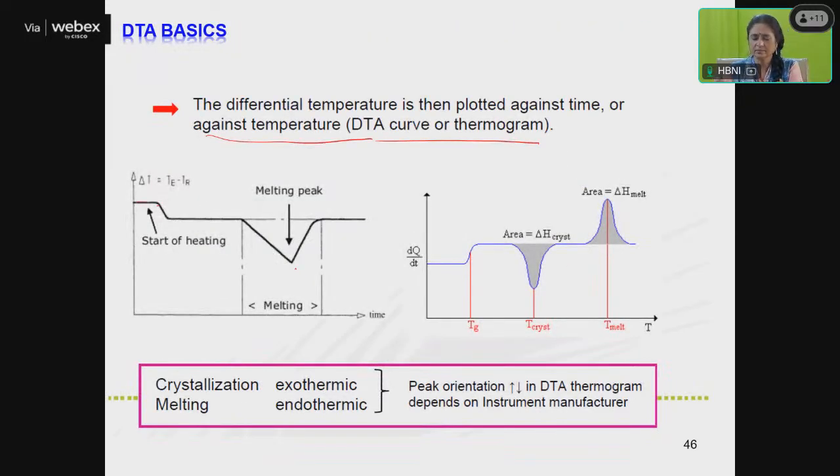Crystallization is an exothermic reaction, melting is an endothermic reaction, right? So in some cases it is either crystallization or melting. When you are taking dq by dt, it is a melting and a crystallization. So depending on that, you can have exothermic and endothermic peaks, you can have a look at this.